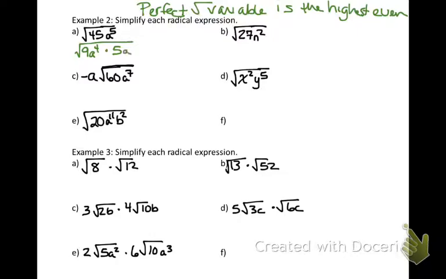Now I need one more, so I'm going to bring it over to the other side with the 5. Now I'm going to break up 9a to the 4th. So 9 would be 3, and you divide by 2 with the exponents. So instead of a to the 4th, it would be a to the 2nd. And then what's left over? 5a.